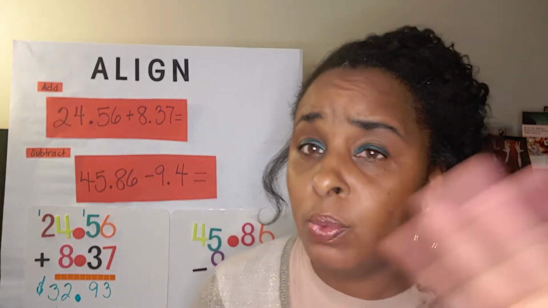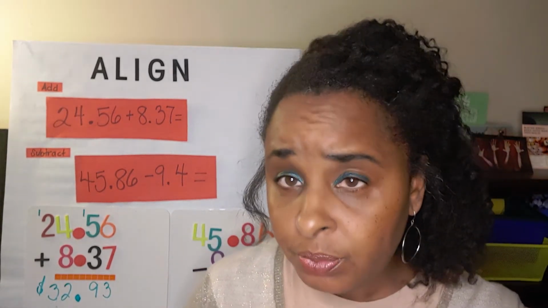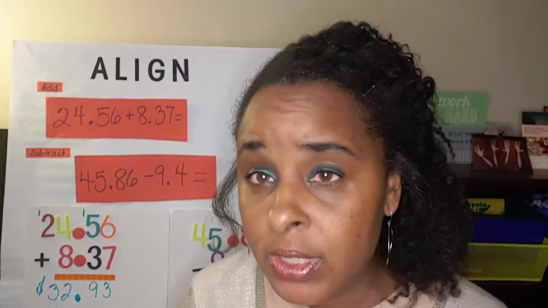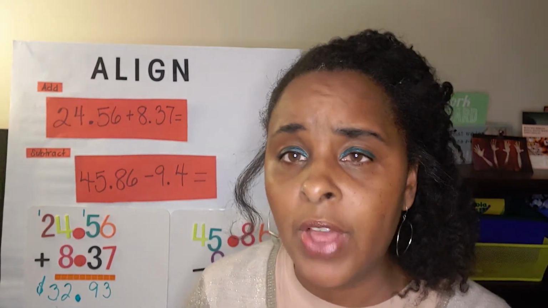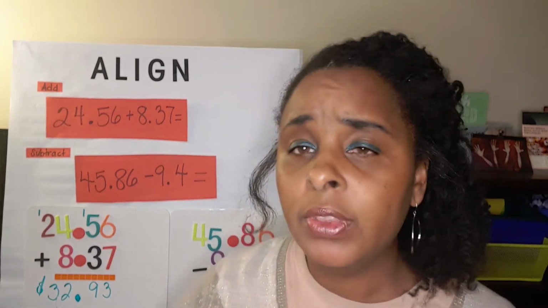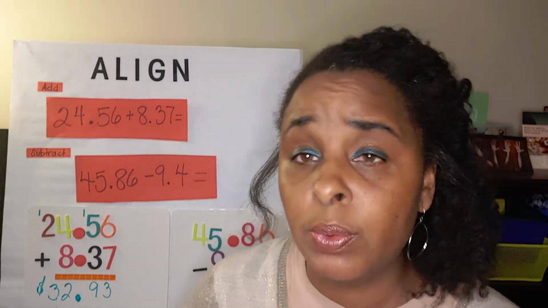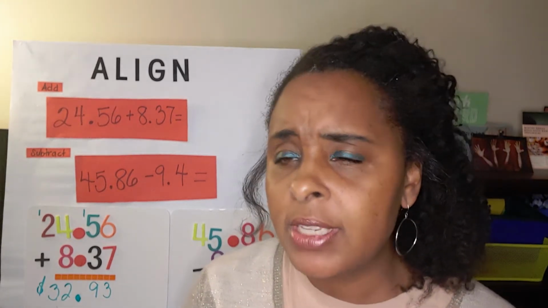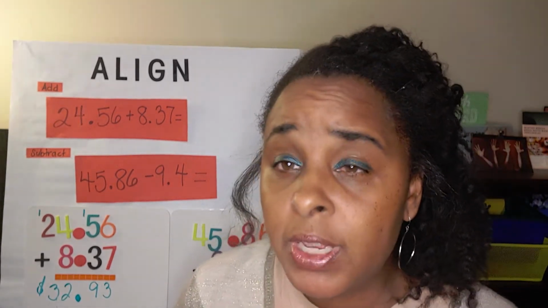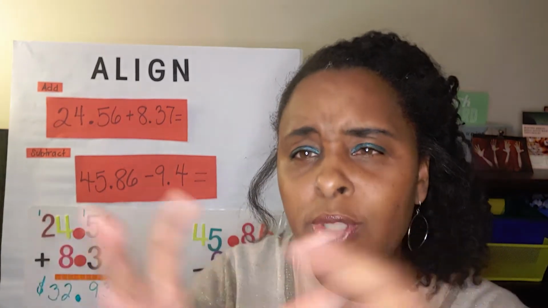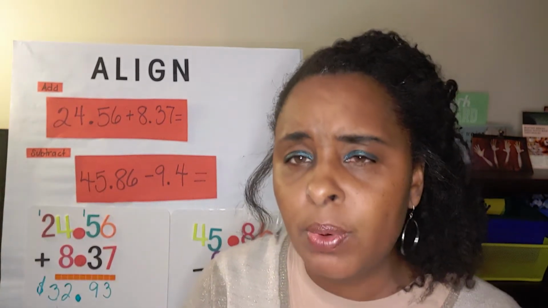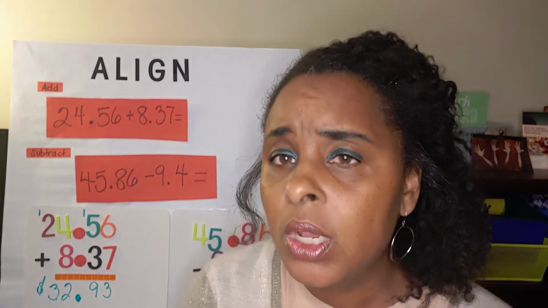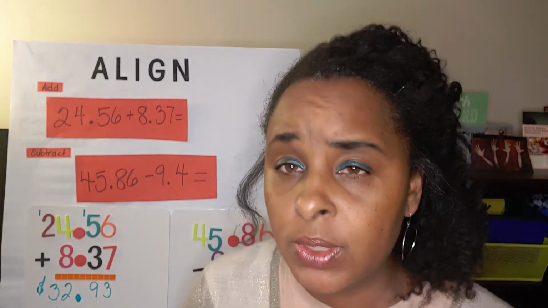The numbers on the left side are our whole numbers, which are values that get really, really big. On the decimal point side, the values get really, really small. Today I wanted to take a look at adding and subtracting decimals because it bridges the gap between both sides of the decimal point and how it's still related to the place value system.